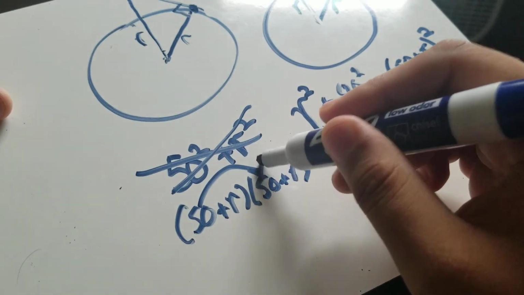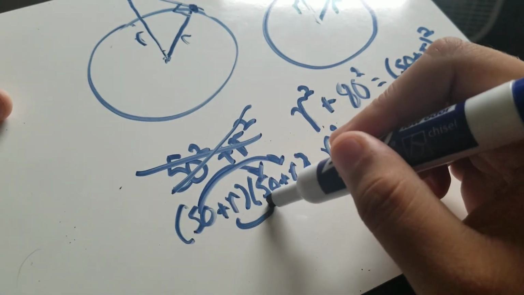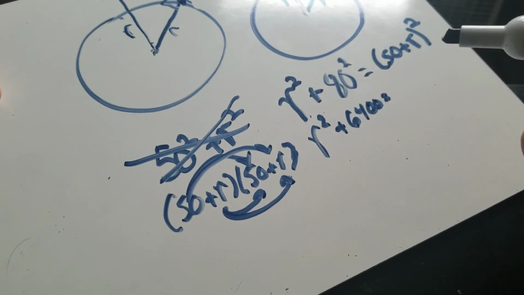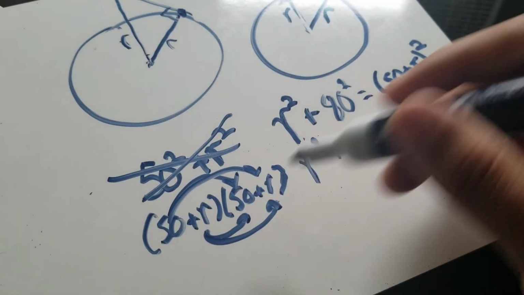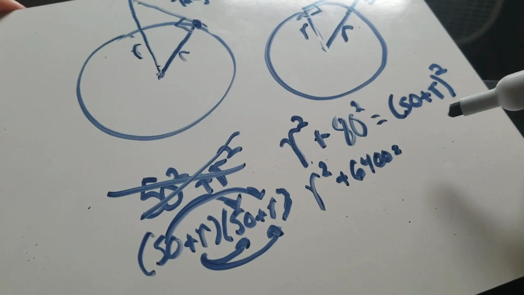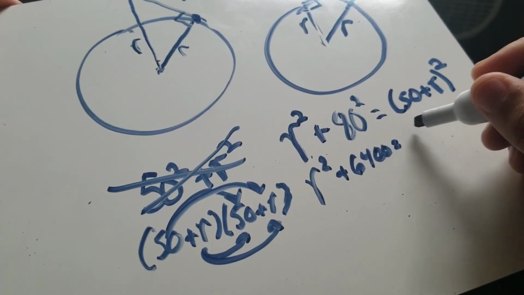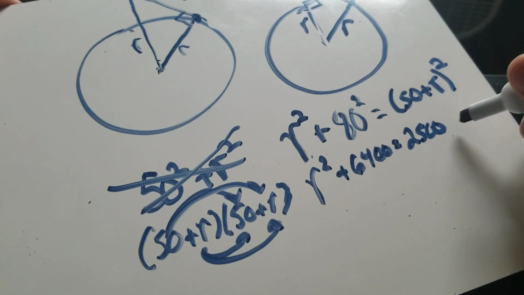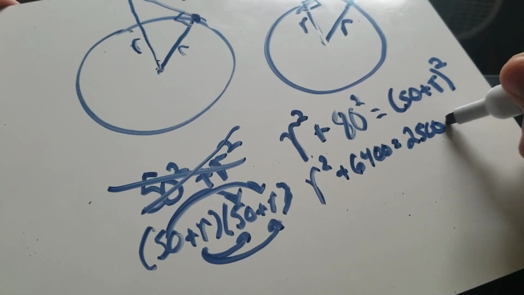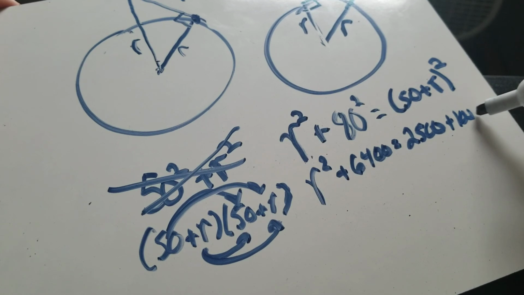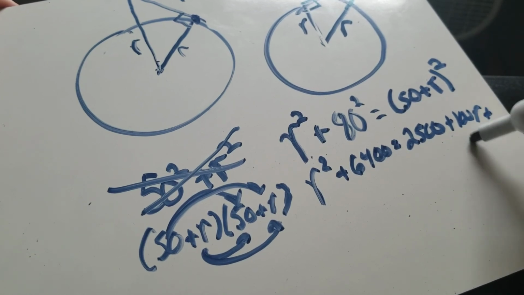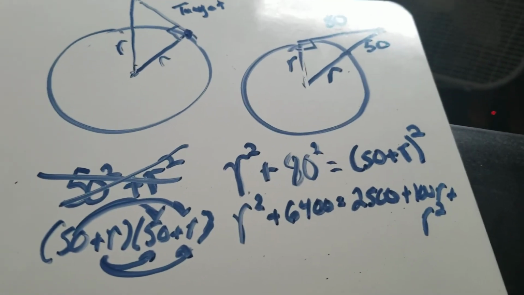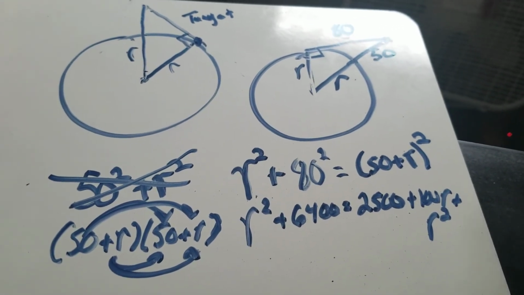So we're going to go 50 times 50, 50 times r, r times 50, r times r. If you want to practice FOILing, pause the video. But the answer is 50 times 50 is 2,500. R times 50 is 50r, plus r times 50 is 50r. Add that together is 100r plus r squared. So what's really difficult about this? Well, now you have to FOIL back out, so we have to think of it like that.